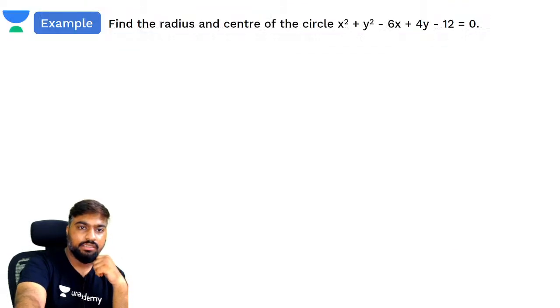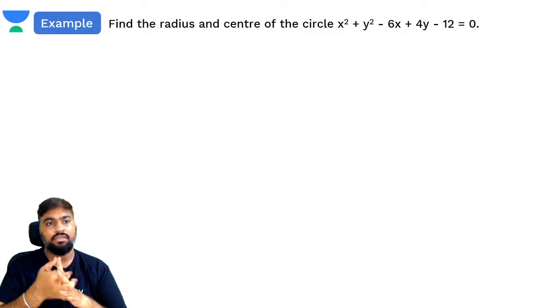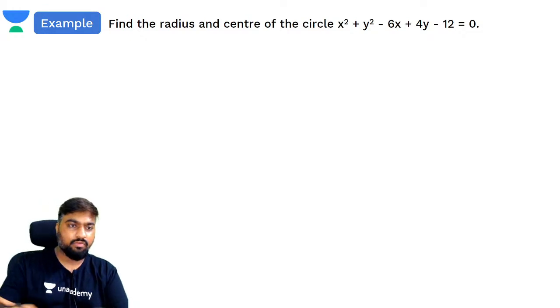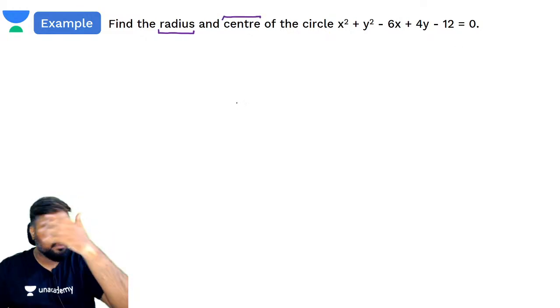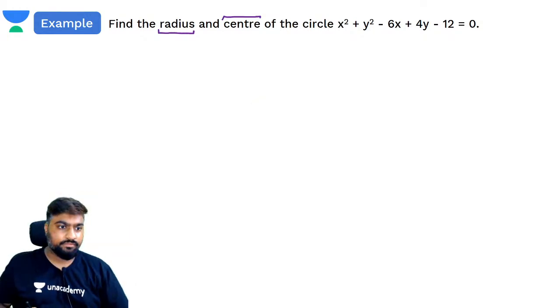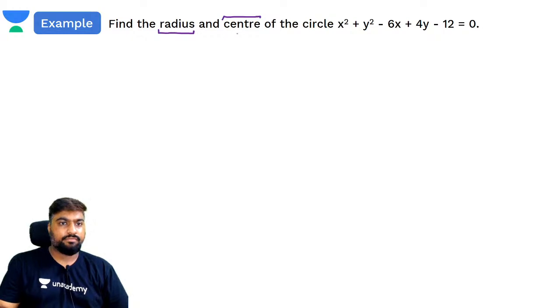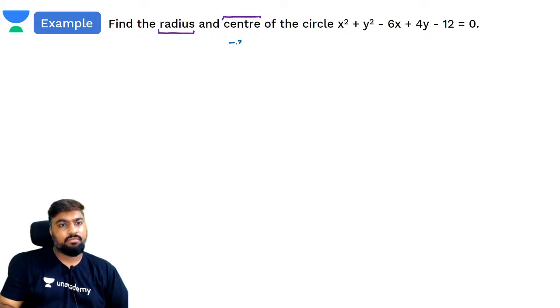चलेंगे आगे. चलो, let's do some examples. So here we have to find out what would be the radius and the coordinates of the center of this given circle. First let's find out the center. Center is given by minus g comma minus f, correct?